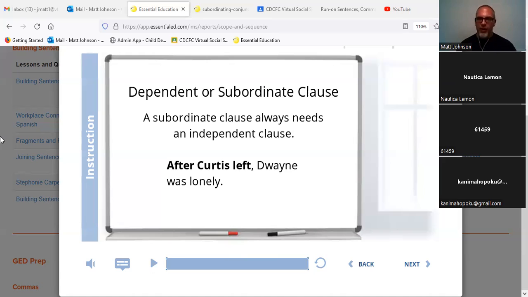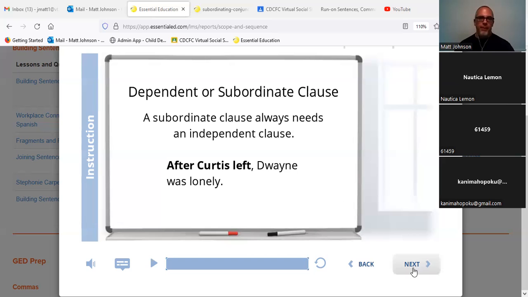Introductory phrases and words you'll set off with a comma a lot of times, but particularly here because of these clauses. Typically they have a subject and a verb, but one is a completely complete thought. It's independent. The other would be subordinating.